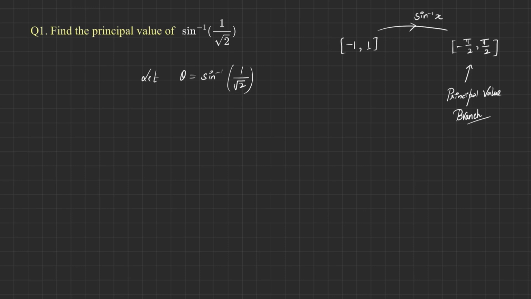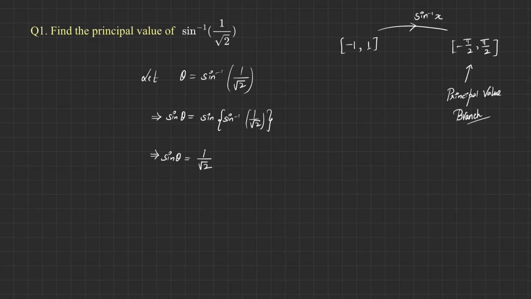If I operate the sine function on both sides, then sine theta equals sine of sine inverse of 1 over root 2. So this implies sine theta equals, now the sine of sine inverse of 1 by root 2 will simply be 1 over root 2. This is a property which we will discuss later.